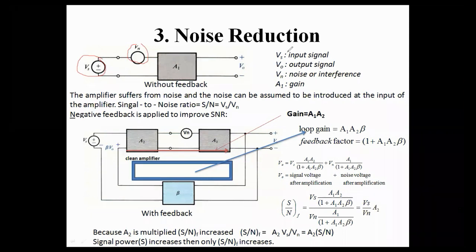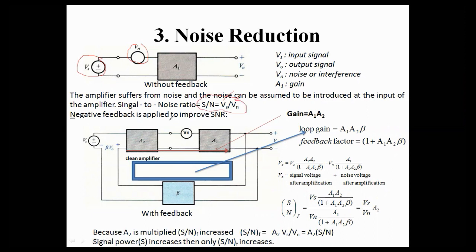So Vs is the input signal, V0 is the output signal, Vn is the noise interference, and A1 is the gain of the amplifier. This amplifier suffers from noise, so the signal to noise ratio of this amplifier without feedback equals signal power by noise power. This is the signal to noise ratio without feedback.